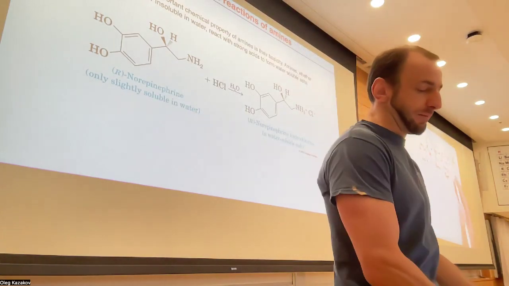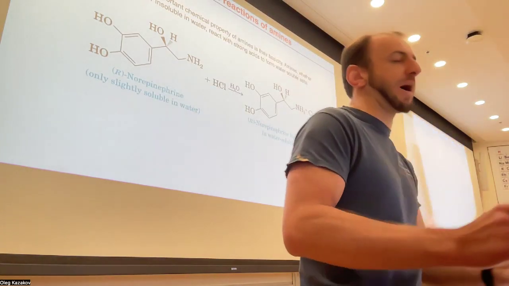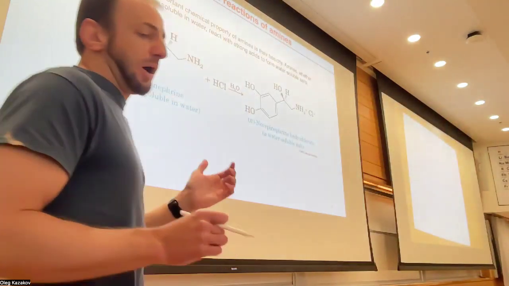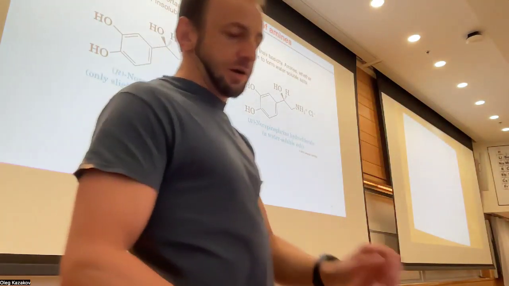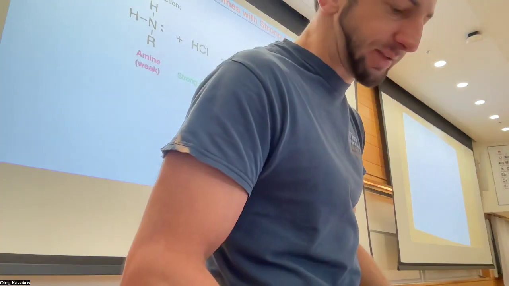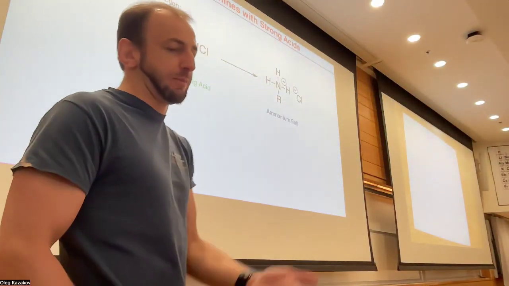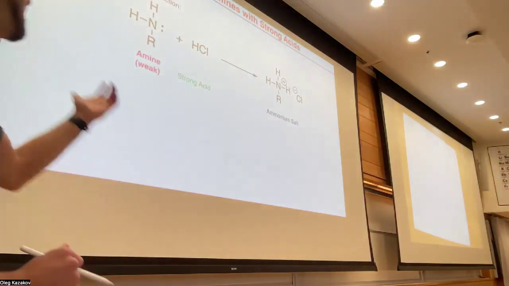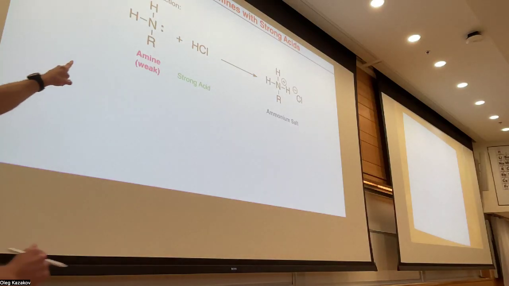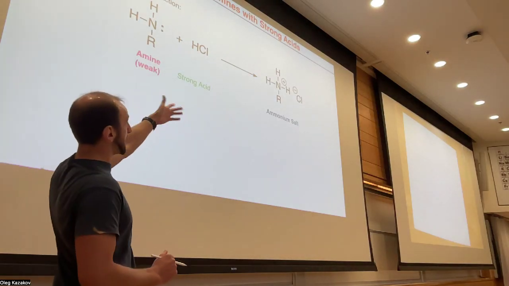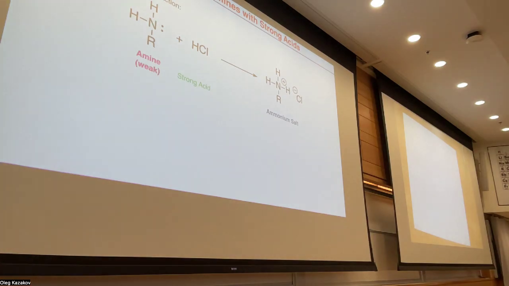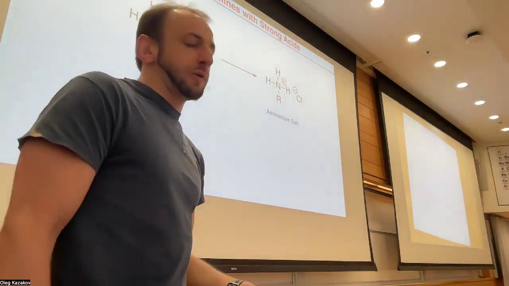You have the minus and positive charges interacting just like in the slide. All right, so then what else? Let's take a look at some more examples. That's just your general example of how you can react some sort of amine with HCl, and that's how you form the ammonium salt, right?